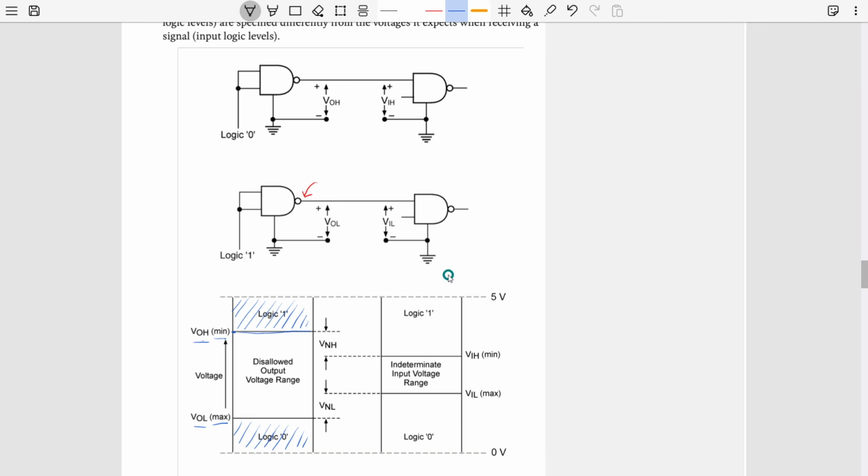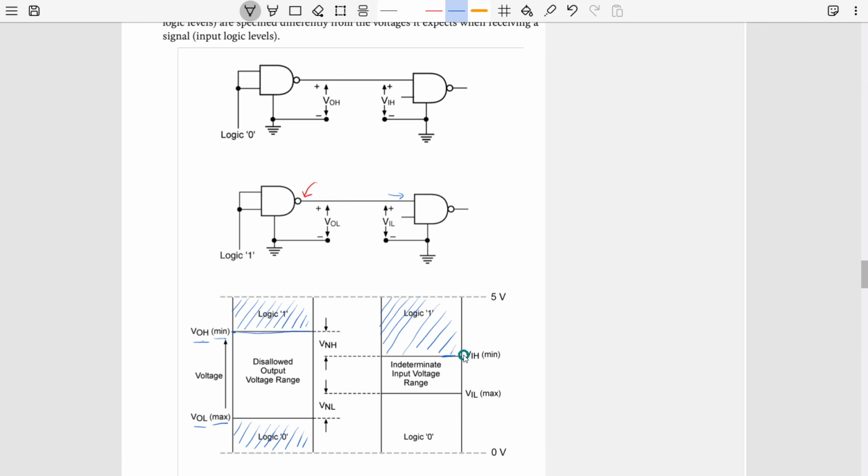For this particular logic family, we don't know which logic family that is, but this is the valid region or valid amount of voltage we can provide at the input to make it recognize it as logic 1. If I provide from 5 volt up to this line, this is the minimum voltage. In this region, any voltage given to this logic gate will be recognized as a valid logic 1 signal, and based on that it will output a value, right?